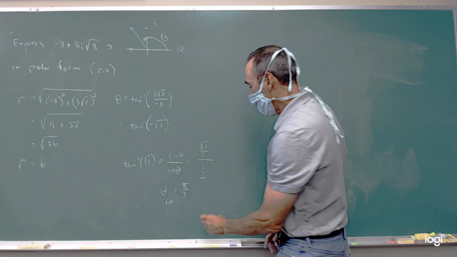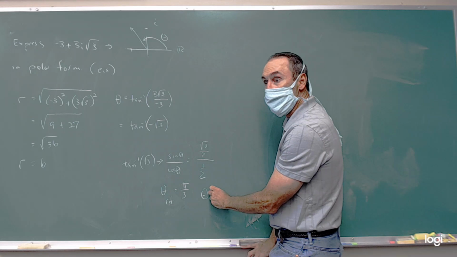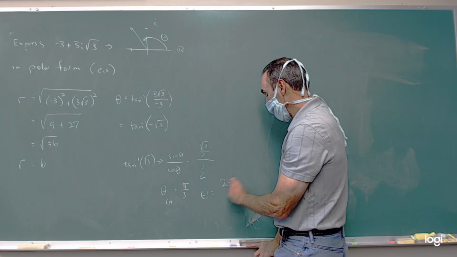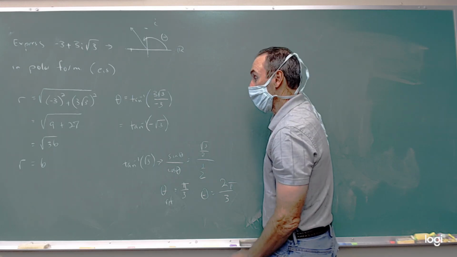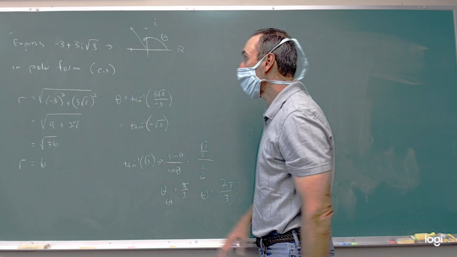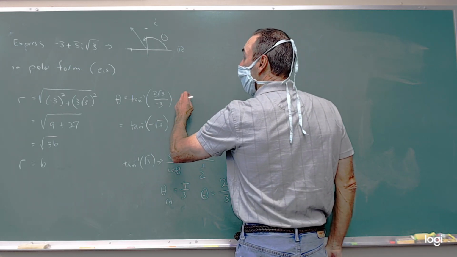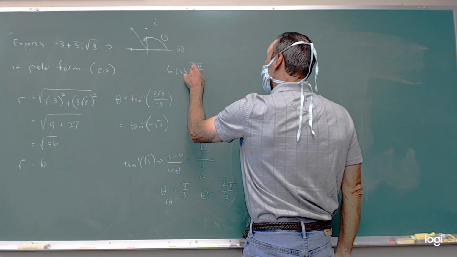You have it as pi over 3. I have the reference angle. Oh, right. So the actual theta is going to be 2 pi over 3. Are you okay with the r being 6? I think the theta is the hardest part. So then it's going to be 6 cis 2 pi over 3.